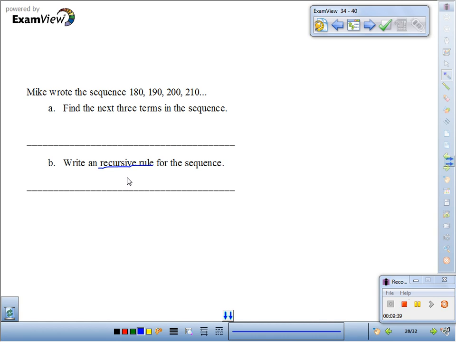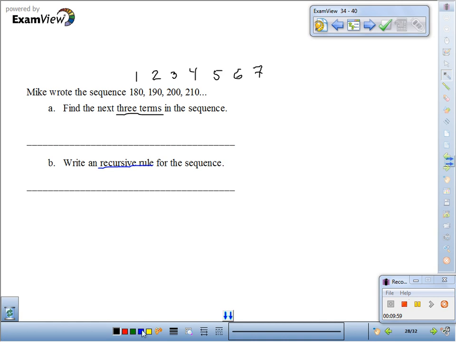Explicit rule. Right now I'm going to go over recursive. Okay? Here we go. So let's first label how many terms they give us. They give us term number 1, 2, 3, 4. And they're asking us to find what? The next 3 terms. So we need number 5, 6, and 7.